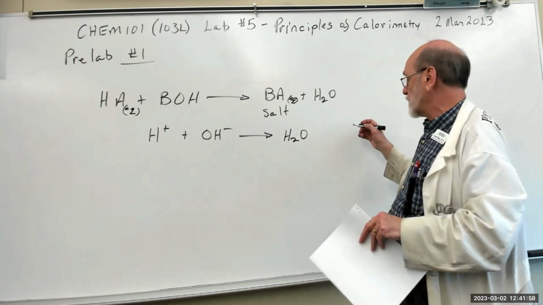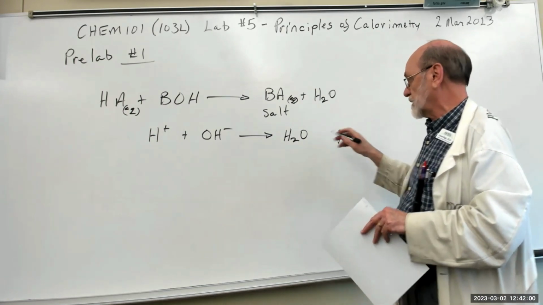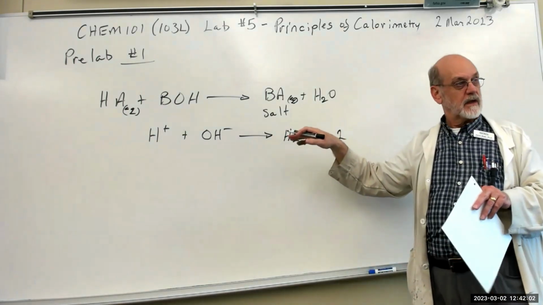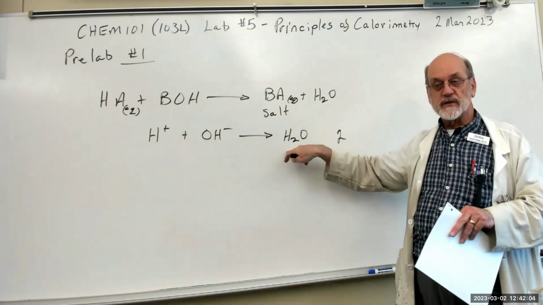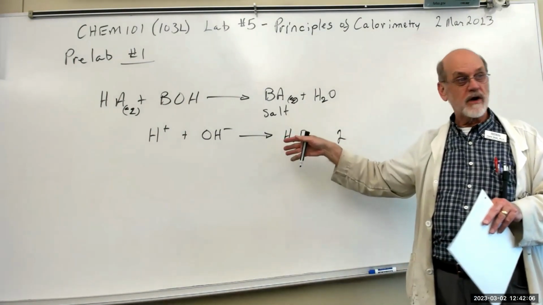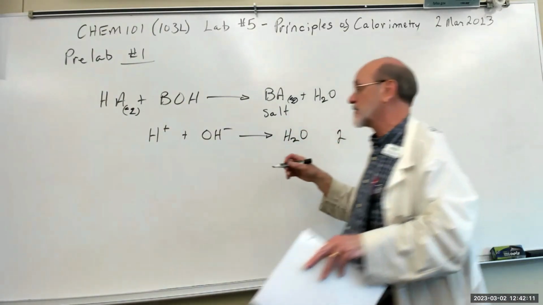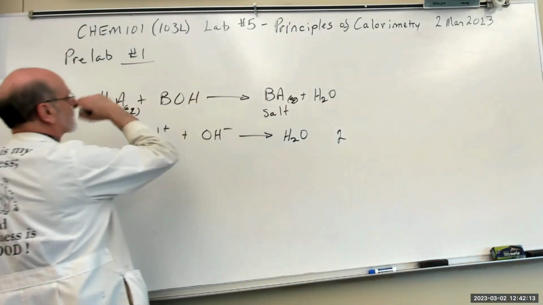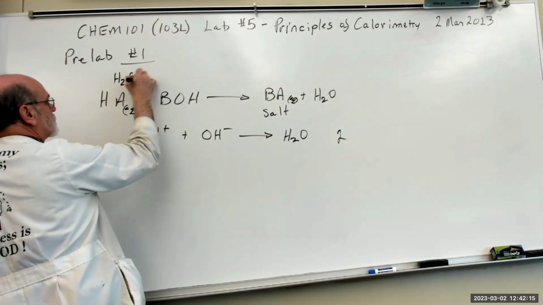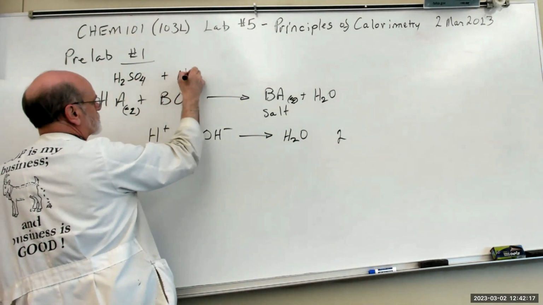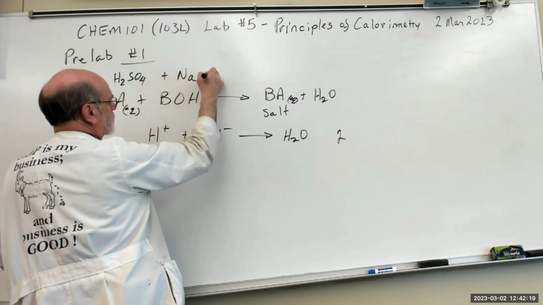Once you decide how much heat is being produced in that reaction, you can prorate it to the amount of water that's being produced as a consequence of whatever the reaction is. In our case, we're going to have sulfuric acid plus sodium hydroxide.